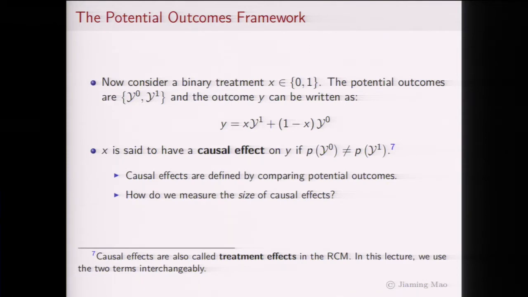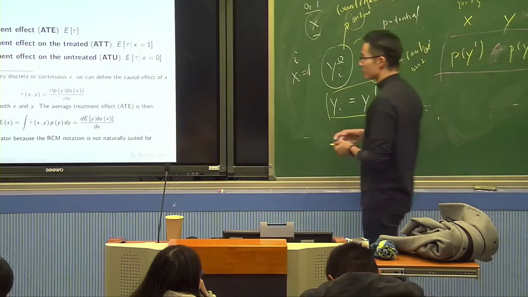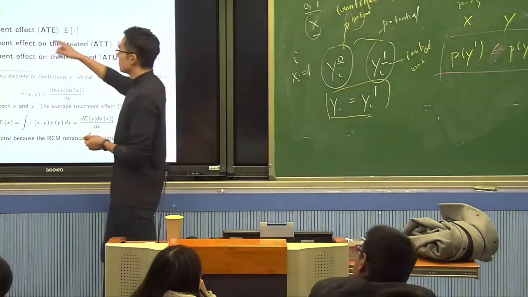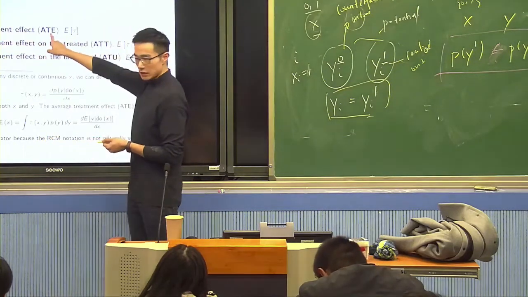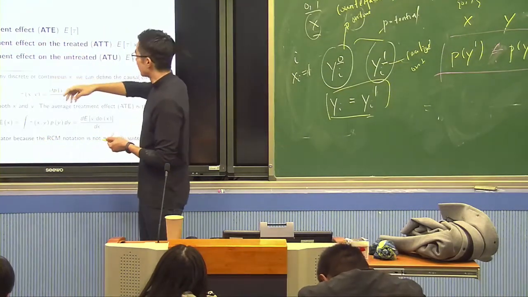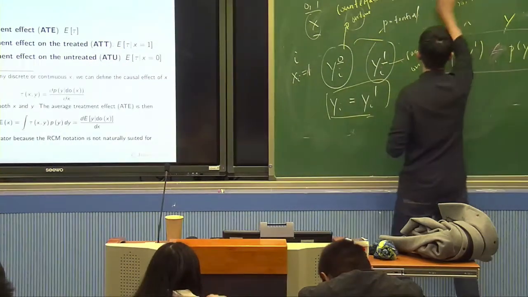But how do we actually measure it? Well, you can think about the causal effect as a distribution, simply by subtraction. But typically, we're interested in the mean. So the first thing we define is called the average causal effect, ATE. Basically, the mean causal effect is basically this, okay?